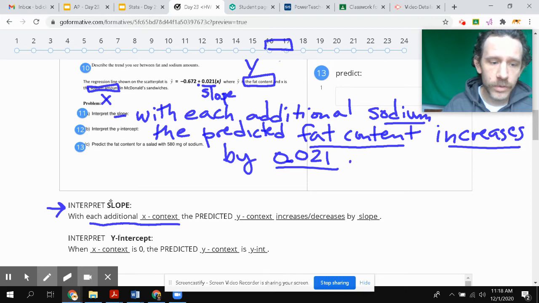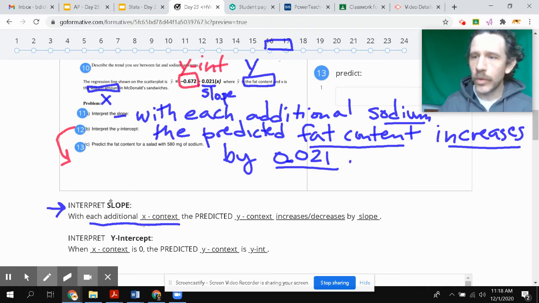Now let's go to y-intercept, and we'll put that sentence down here. We see the y-intercept there by itself; it's the constant. That's our y-intercept. And where does that happen? The y-intercept always happens when x is 0.